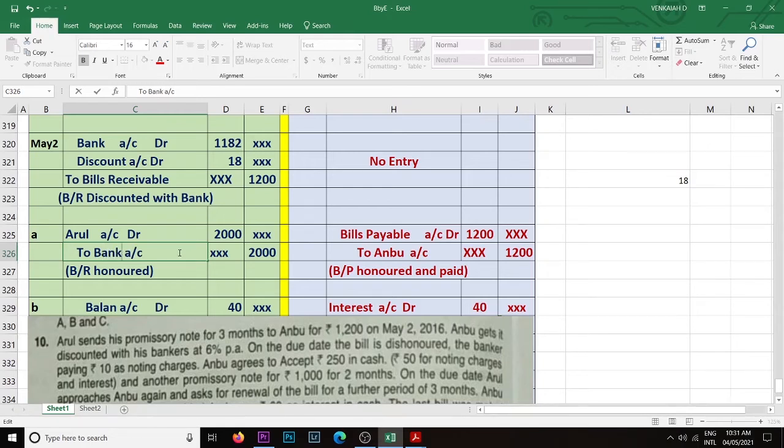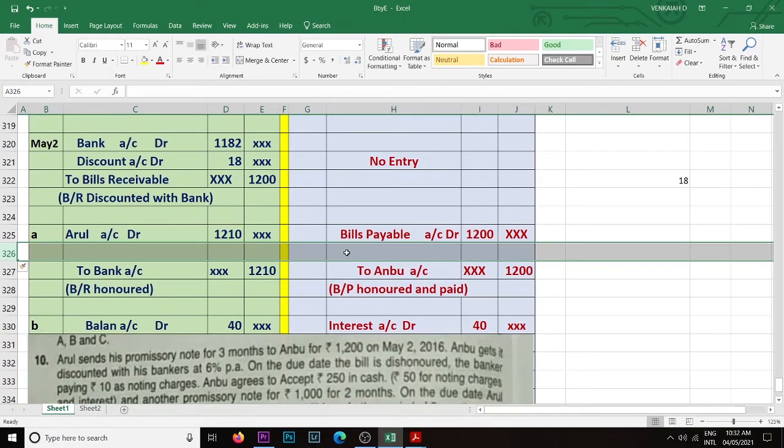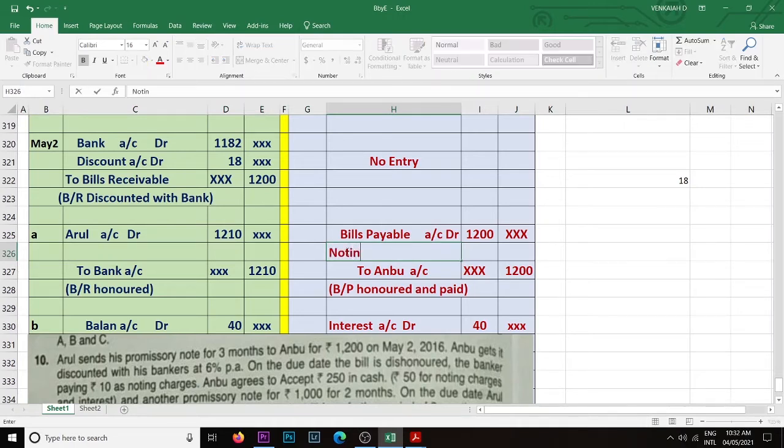Here noting charges of 10 rupees are also written, which he will pay to the bank along with the bill, that is 1210. Here also we have to write noting charges account, 10 rupees. Total amount is 1210.